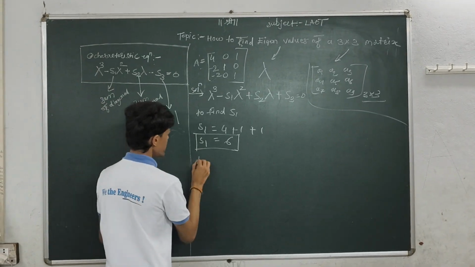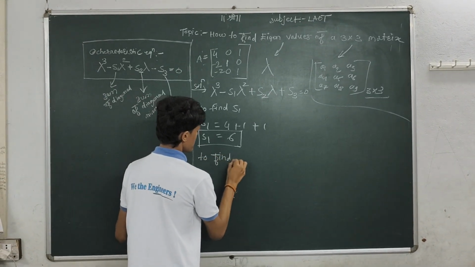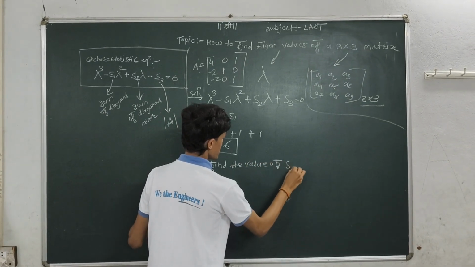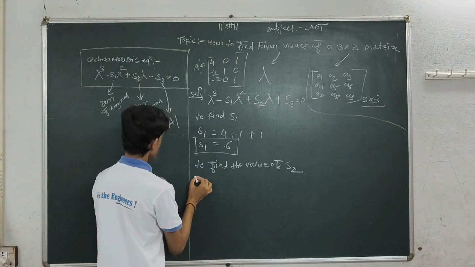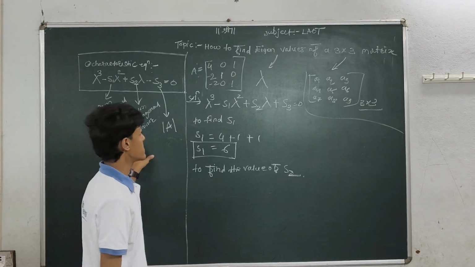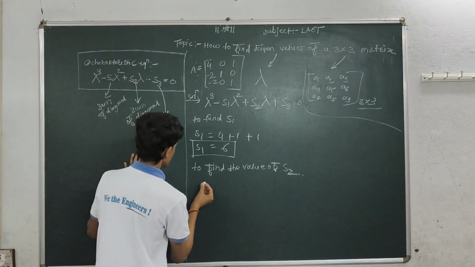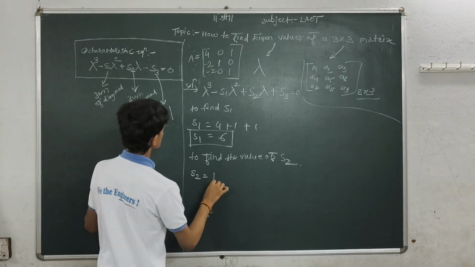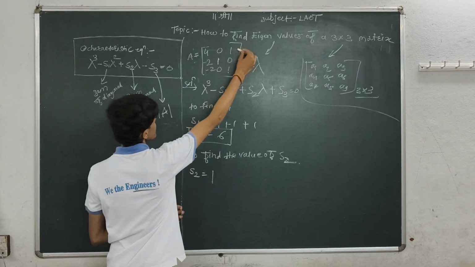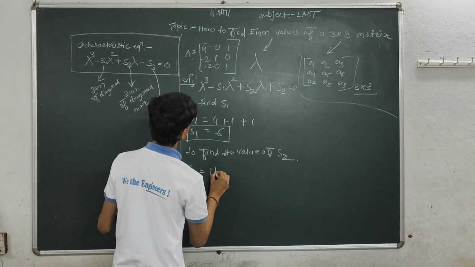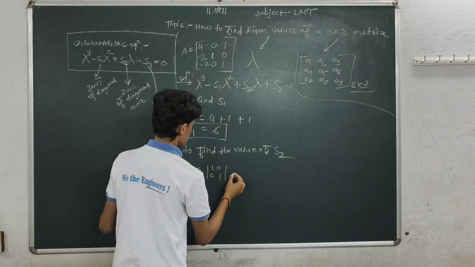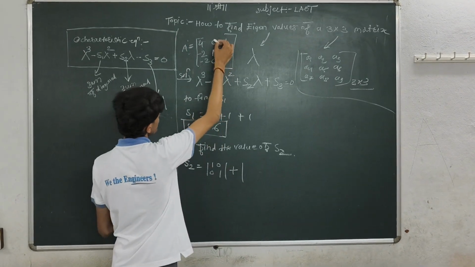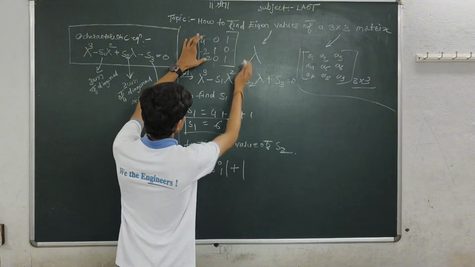Next, to find the value of S2. S2 is nothing but the sum of diagonal minors. By skipping this and this, we have to write this. Next, we have to skip these values and then write these 4 values.